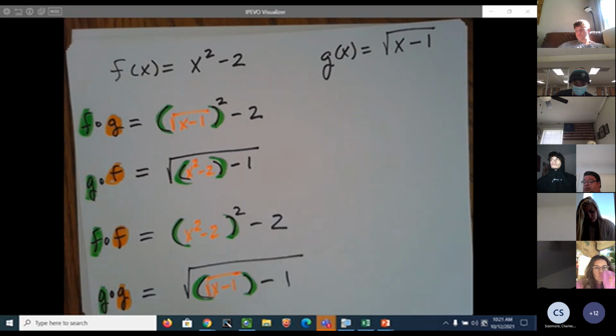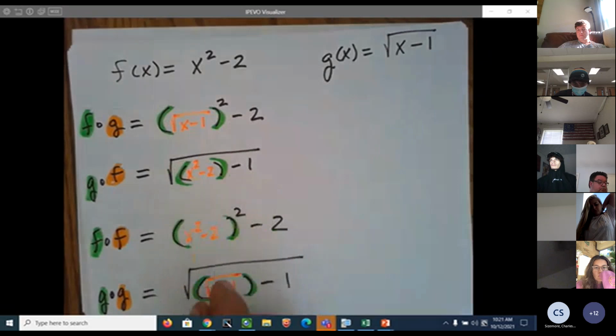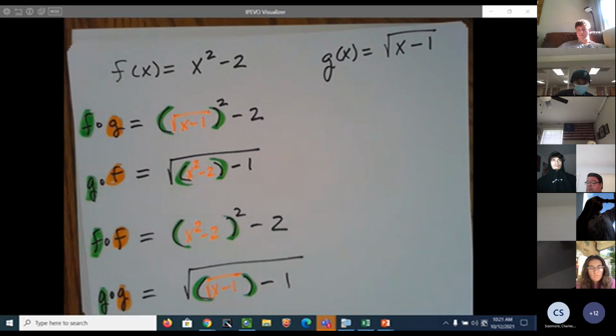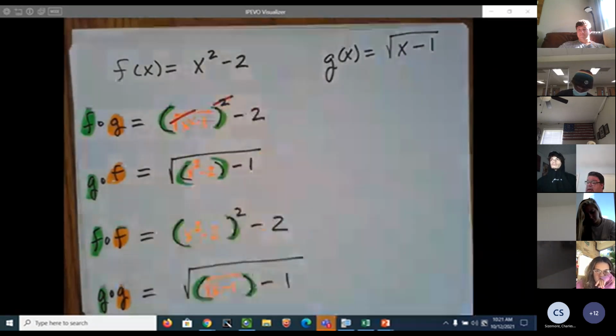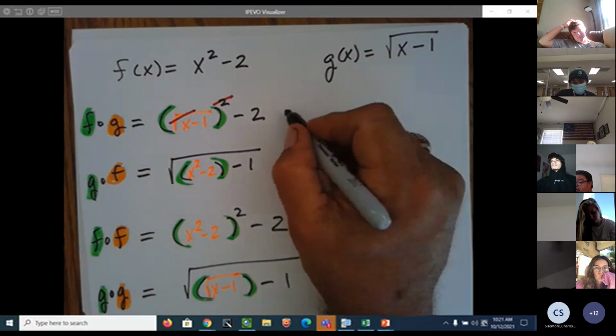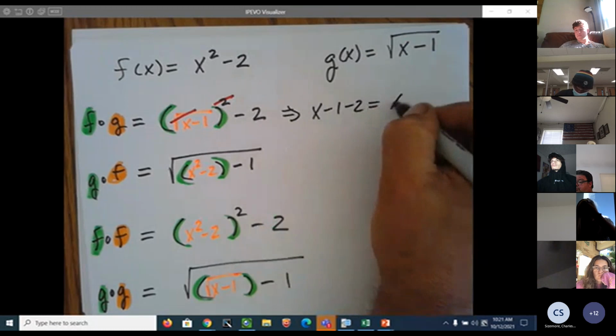All right, now all you got to do is just do what you need to. What happens to the square in that square root? Somebody tell me. Cancels, Hubert. Yeah, that's right, class. And you get x minus 1 minus 2, which is x minus 3.